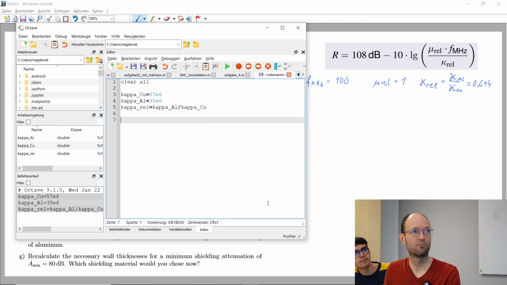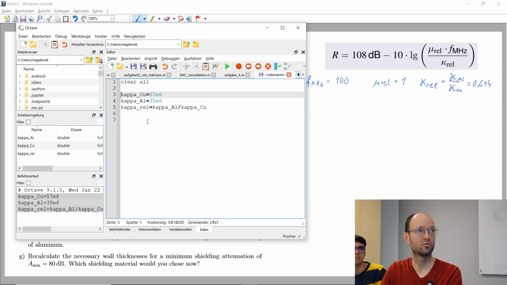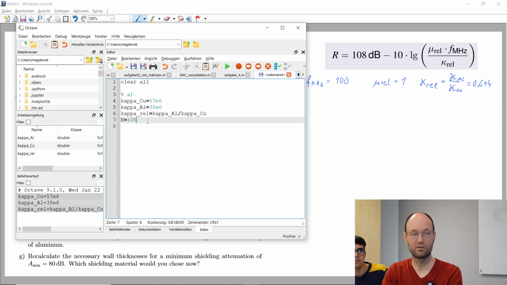Then in task A, the reflection loss is 108 minus 10 times the decadic logarithm, log10, of mu relative multiplied with the frequency in megahertz and divided by kappa relative.